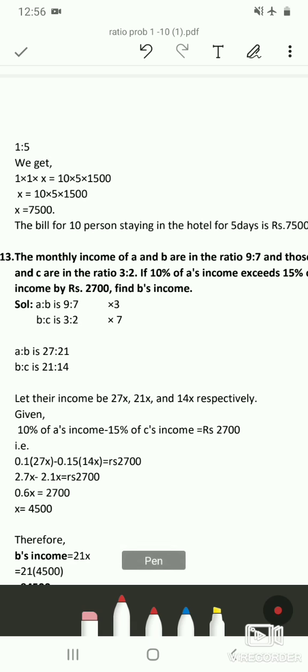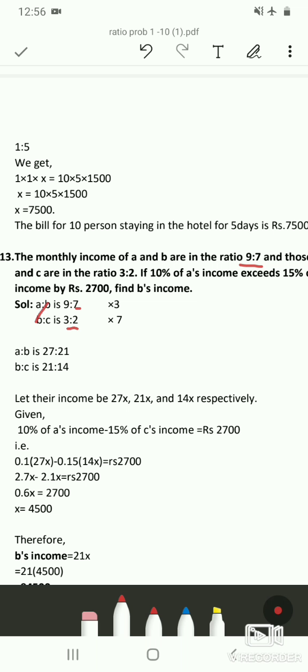In the given problem, A and B are in the ratio 9:7, and B and C are in the ratio 3:2. So, in such cases, you have to use the concept of continued proportion.